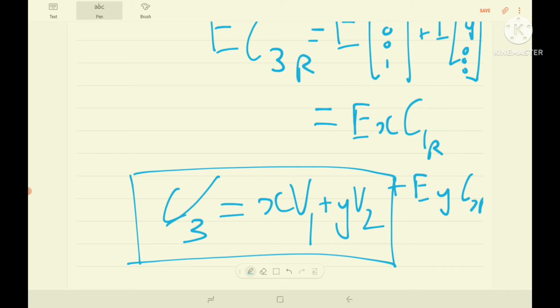In general, every dependent column that you get in a matrix after you row reduce it, by dependent I mean the one that doesn't have any pivot in it, where pivot just means the leading one in the row reduced echelon form, you can write that column as a unique combination of independent column vectors that come before that dependent no-pivot column.